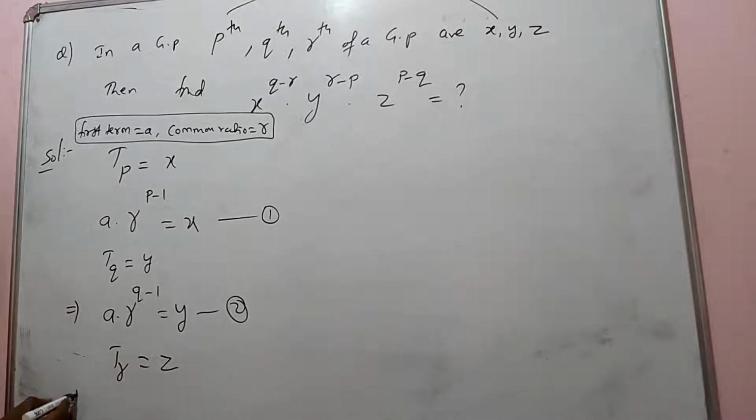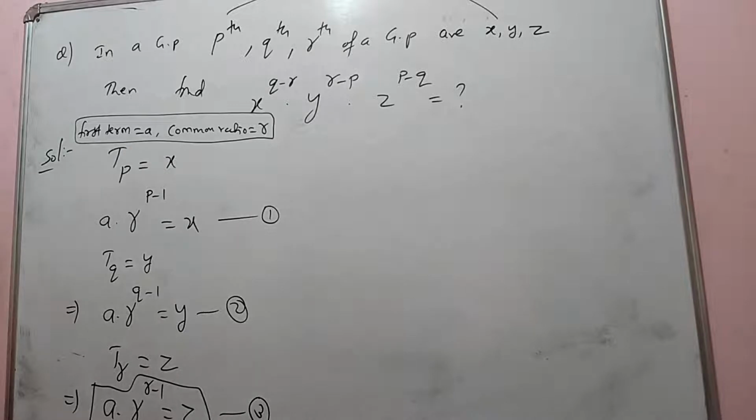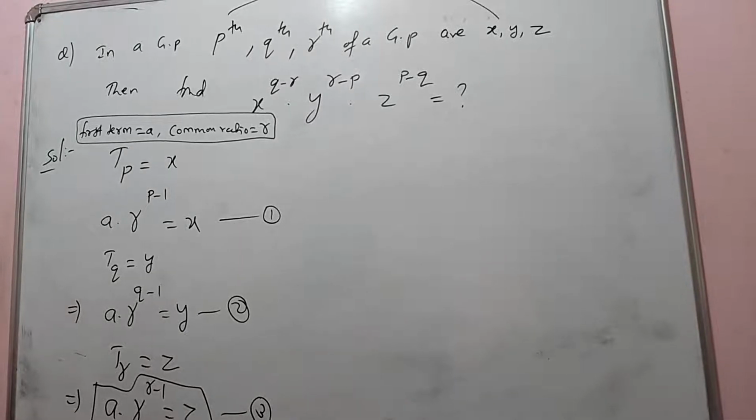The rth term can be written as a into r power r minus 1 is equal to z. So whatever terms they gave, we wrote like that.